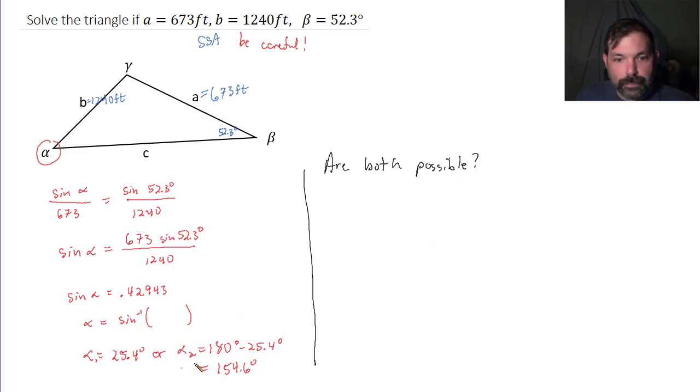Well, let's see. If we take alpha 1, then we need to find a gamma 1. Gamma 1 would be 180 degrees minus the 52.3 degrees minus the 25.4 degrees.